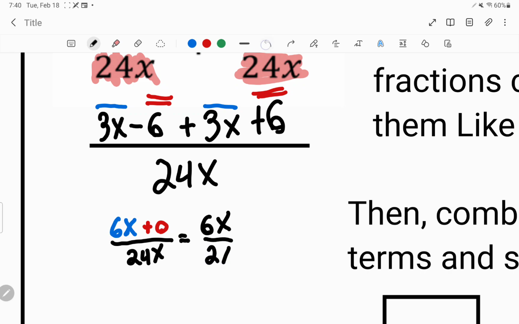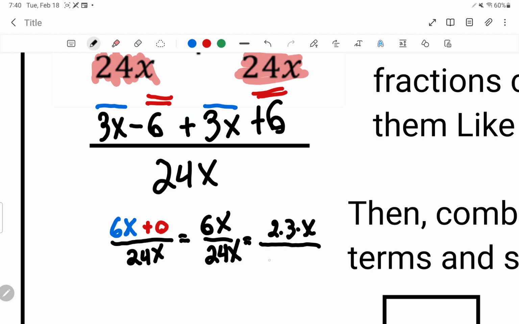Just like we did on the previous one, we need to simplify the fraction. If you don't know how to do this, this is the easiest way to do it. Find the prime factors of your numbers. So for 6, what gives me 6? 2 and 3. And then we have x on the top.